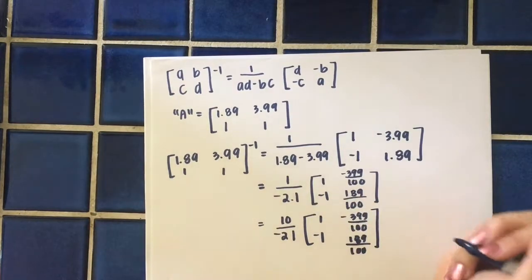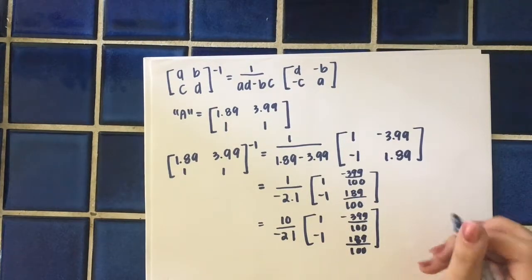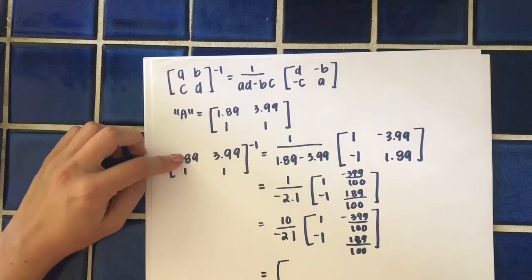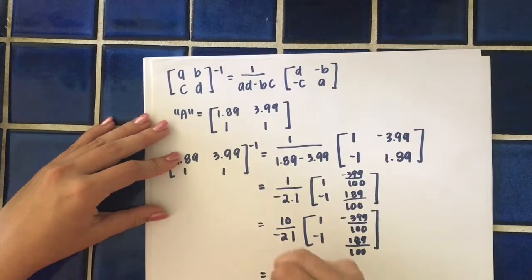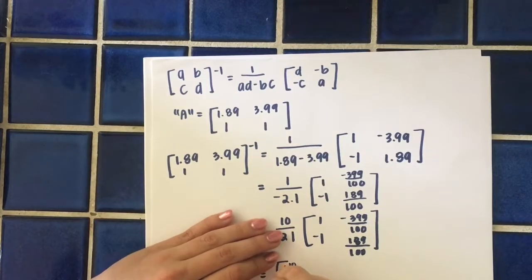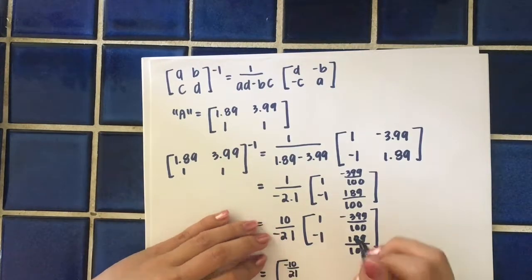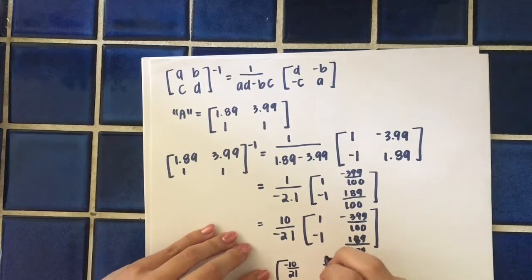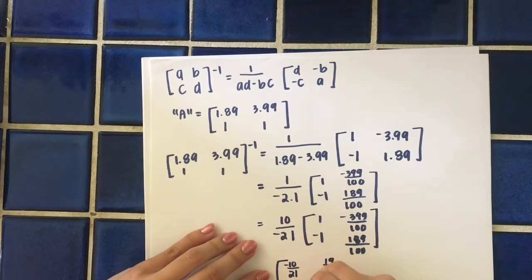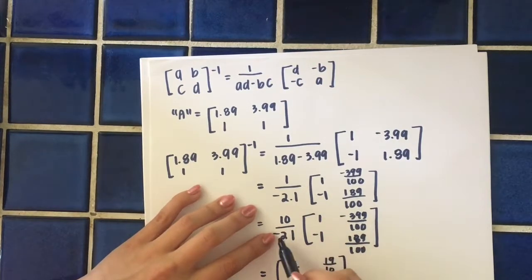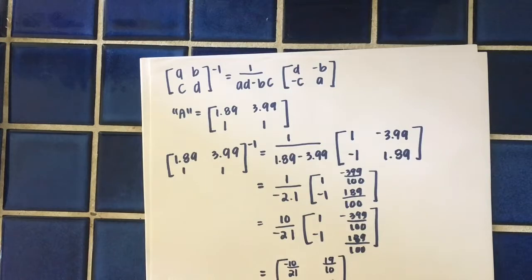Now we multiply it all out, and the inverse of A is -10 over 21, 10 over 21, 19 over 10, and -9 over 10. Remember, you just multiply it to each part of the matrix.